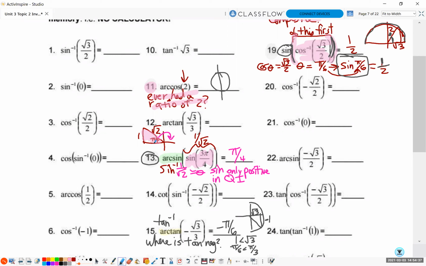So all you're doing in the second quadrant is picking up this ratio. Once you have that ratio, then it wants to go to arc sine, to inverse sine. Inverse sine is only positive here. So you are taking this special triangle and you are moving it to quadrant 1.